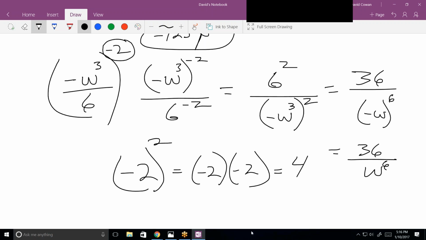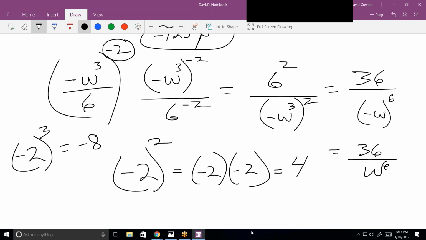And if this was to the power of 4, it would still turn plus. If it was the power of 6, it would be plus. If it's an odd power, then it does not lose the minus sign. In other words, if I said minus 2 to the 3rd, then that's minus 2 times minus 2 times minus 2, that's minus 8.